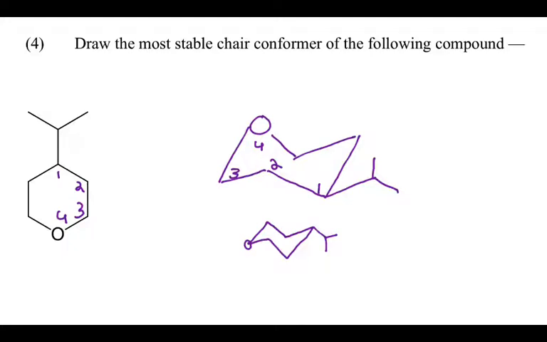As long as you draw the two substituents, like if you draw the isopropyl in position 1 and the oxygen in position 4, you're fine. Right? What you don't want to do is you need to have enough carbon atoms between. That's very important. But otherwise, in this case, the stereochemistry doesn't matter too much. Where exactly you draw it, where you start, doesn't matter, as long as the distance is correct.